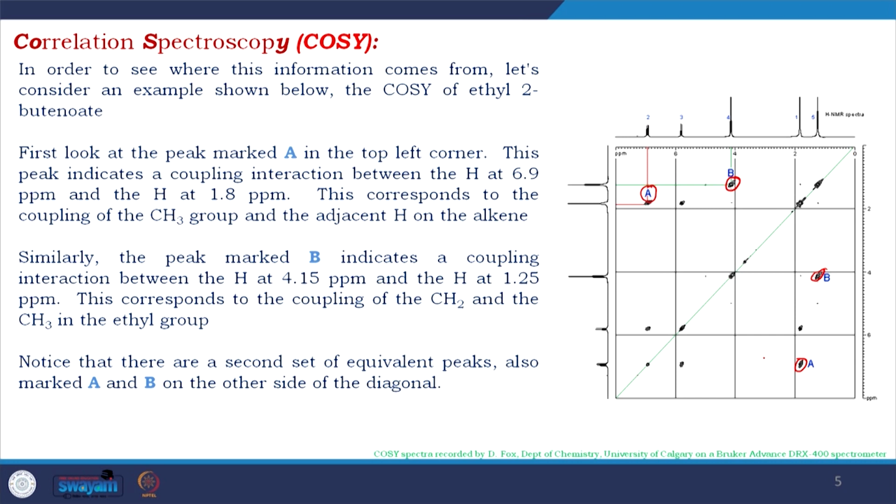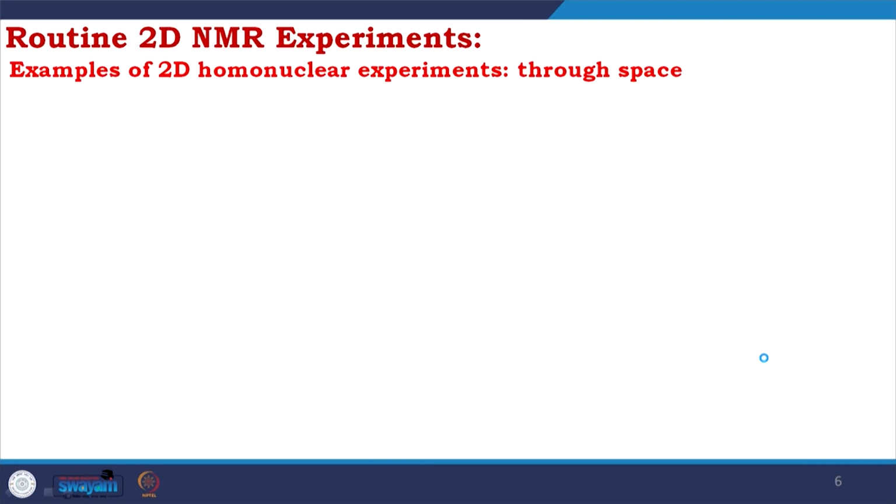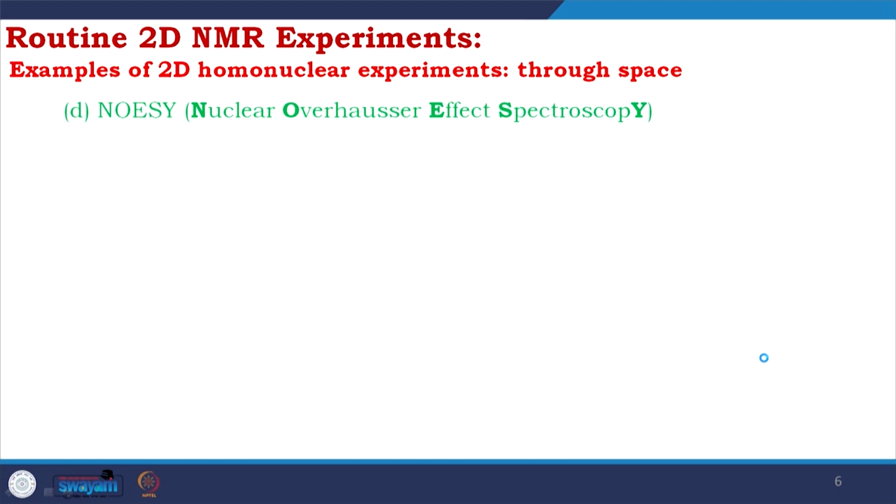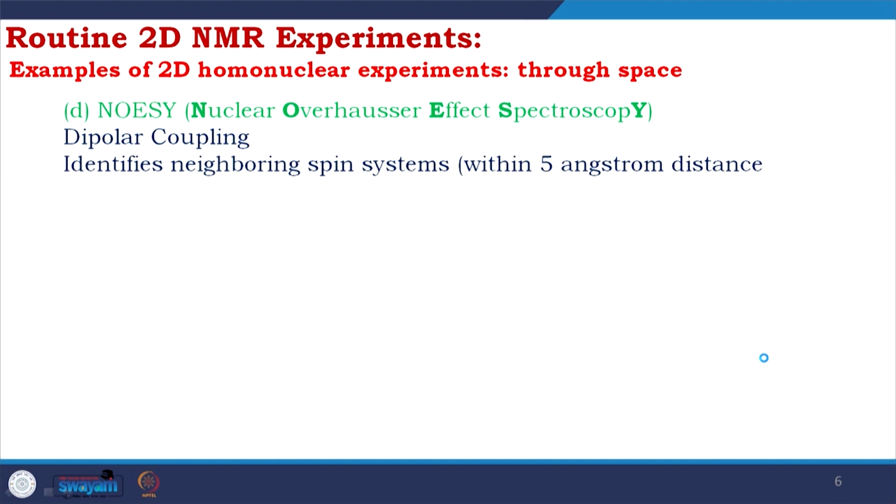Example of other 2D homonuclear experiments which are through space. So, now we are no longer talking about bonds, but these are through space. One is NOESY, nuclear Overhauser effect spectroscopy. This is dipolar coupling, and identifies neighboring spin systems within 5 angstrom distance.